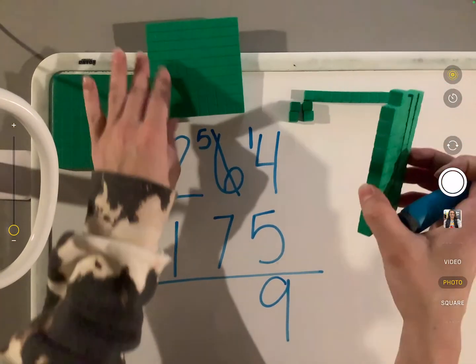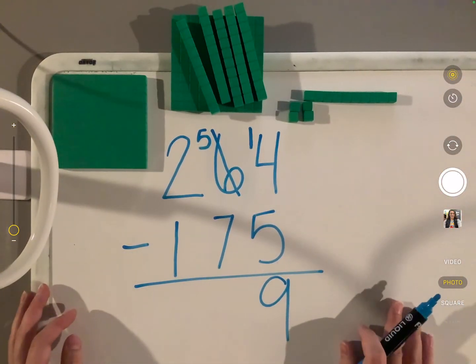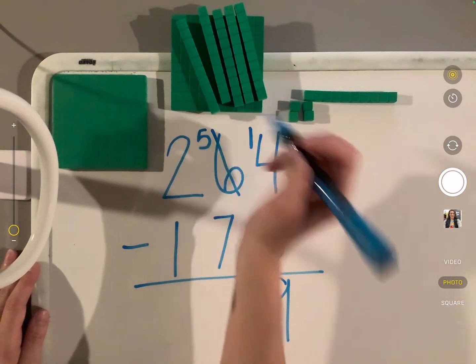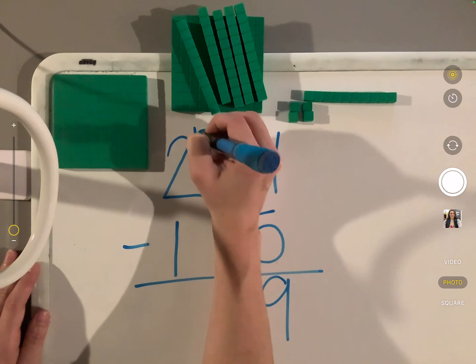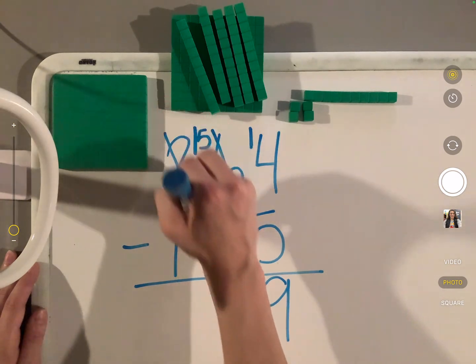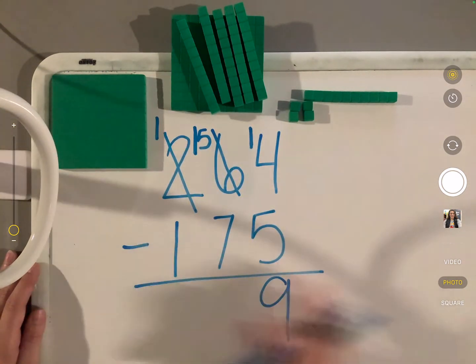So he's giving me this 100 because he's super, super nice, and then I have those 5. So what's that going to turn into? 150, right? And then this 200 is going to turn into a 100 because I only have one left.